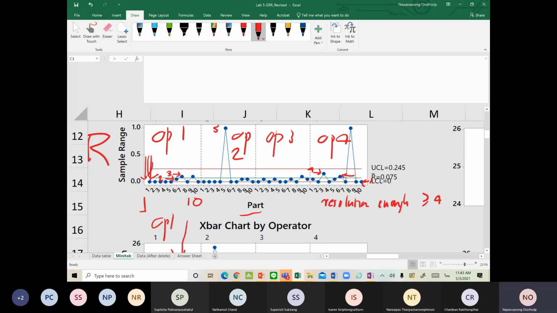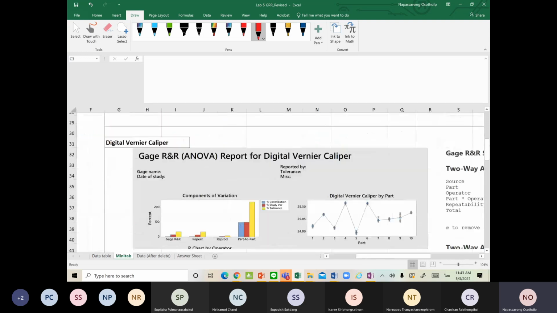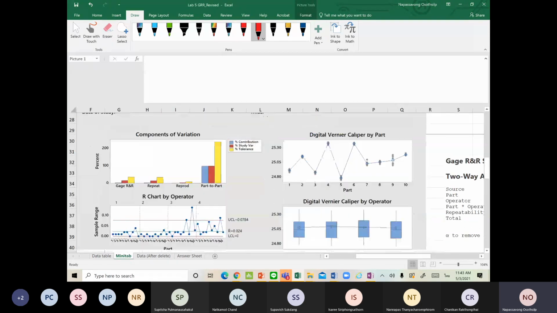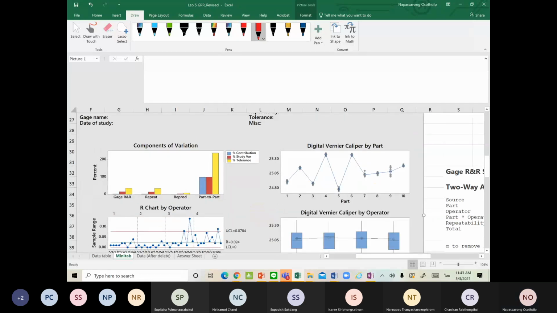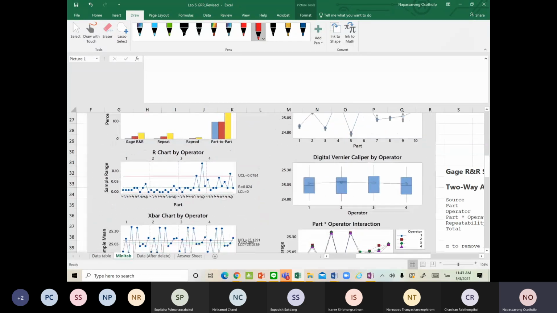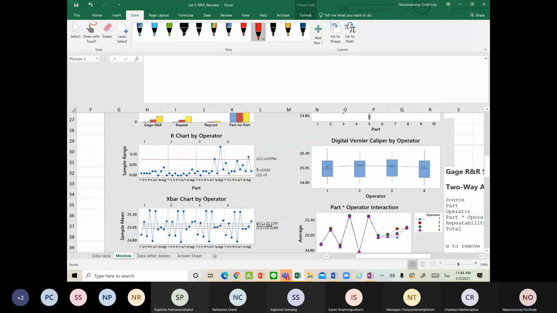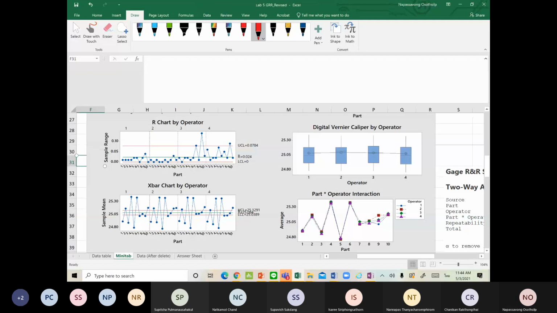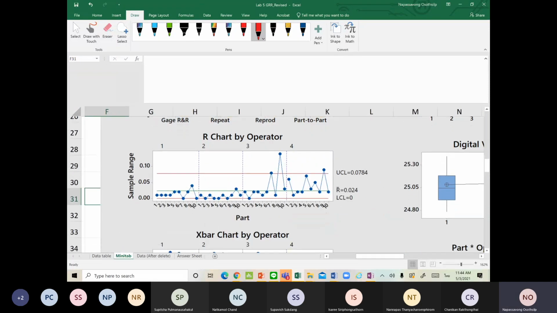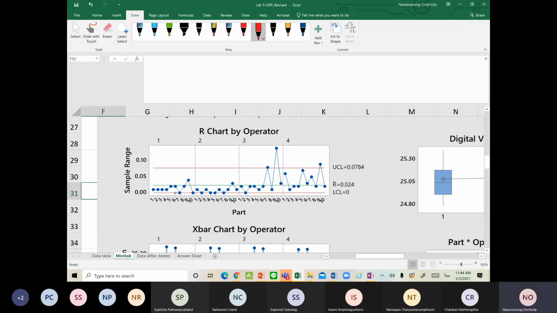If you take a look at the numbers for the digital vernier, same graph, you will see that there are many more different numbers of R. This one, second, third, fourth, fifth, 6, 7, 8, 9, 10, 11 different numbers.